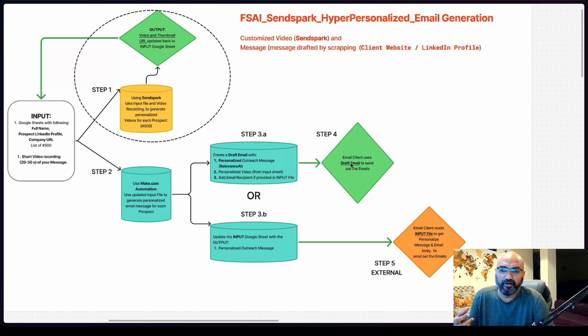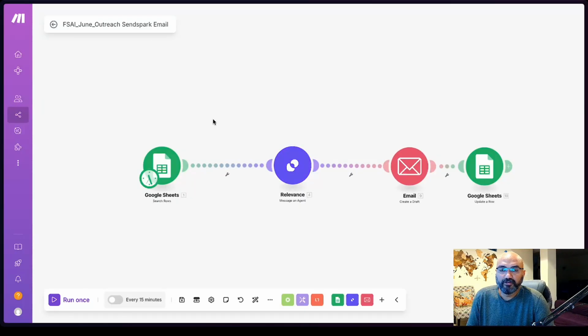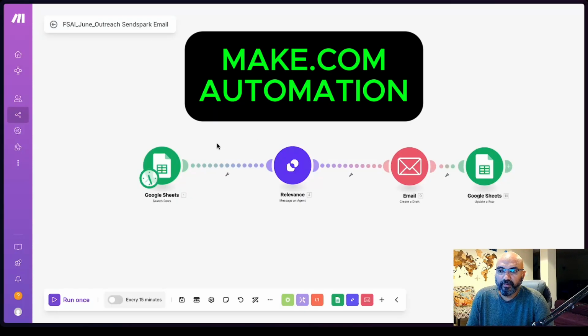Then I could either directly add it to my email draft using Make, or I update a Google Sheet, and later I do it externally. I can use that content and send out an email. So this is the make.com setup.